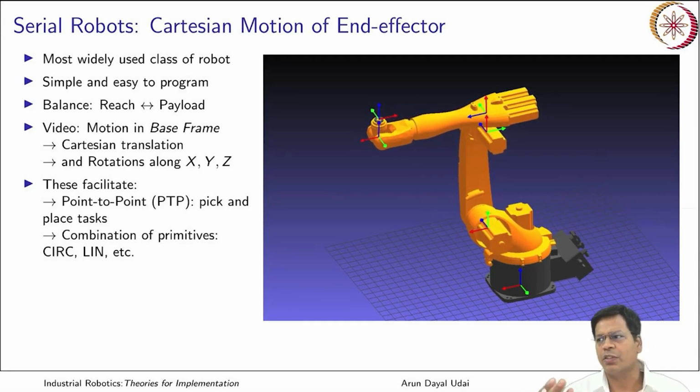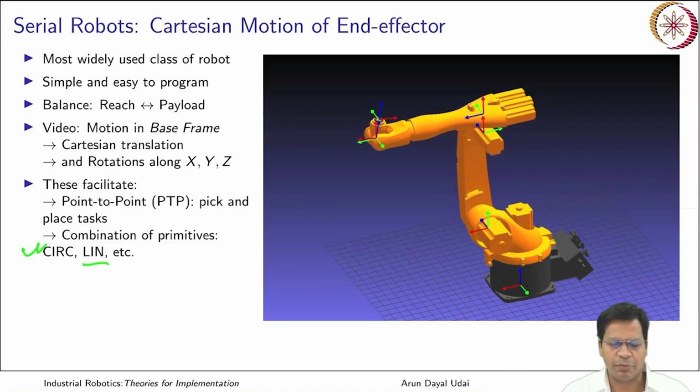That is an easy way to define a circle also. So there are various ways you can make your robot go in a circular way. Your end effector will go in a circular trajectory, and similarly a line in space can be defined by any two points in the space. Those are a few standard motions that this kind of robot supports.